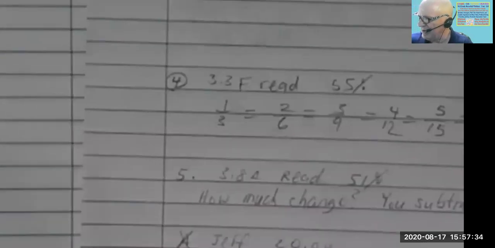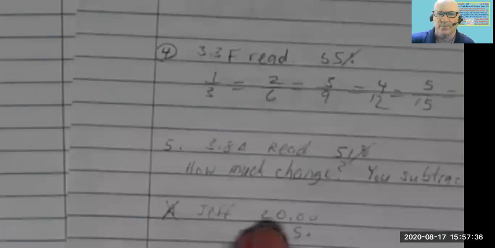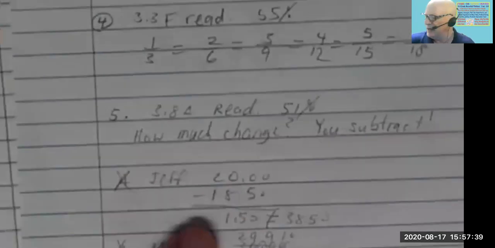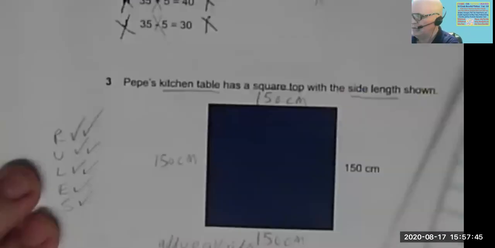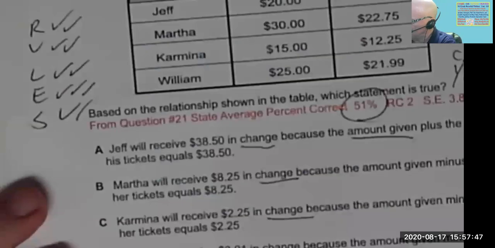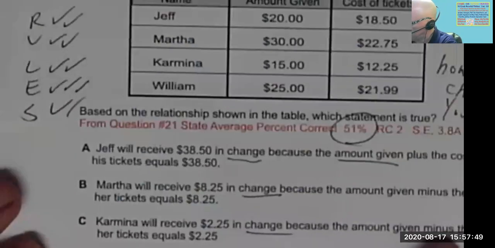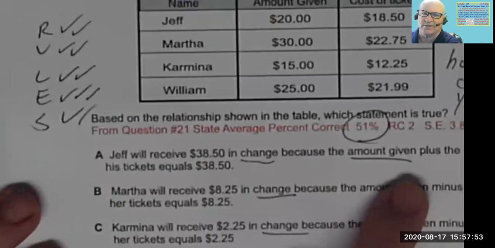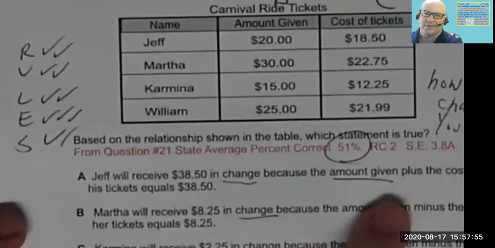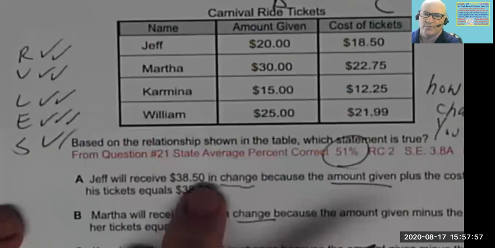Jeff gave $20 and it said plus the amount given, get the right problem number, plus the cost of the tickets equals $38.50. Well, that's true.